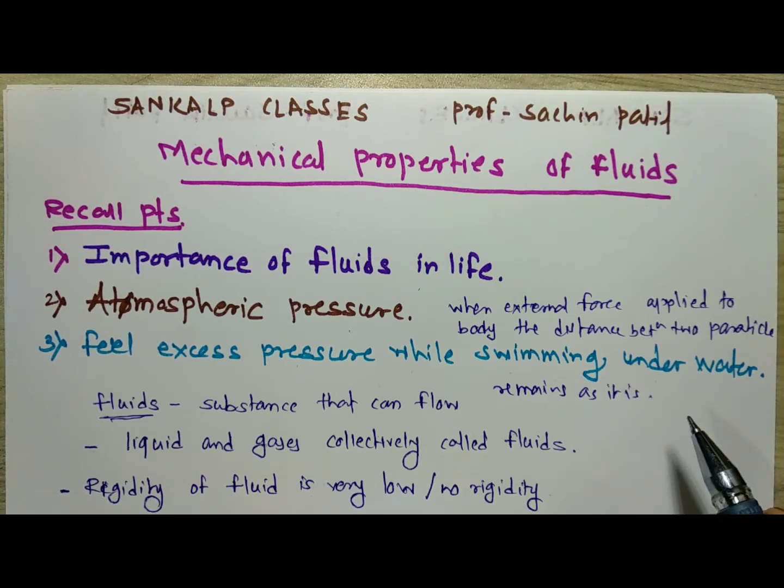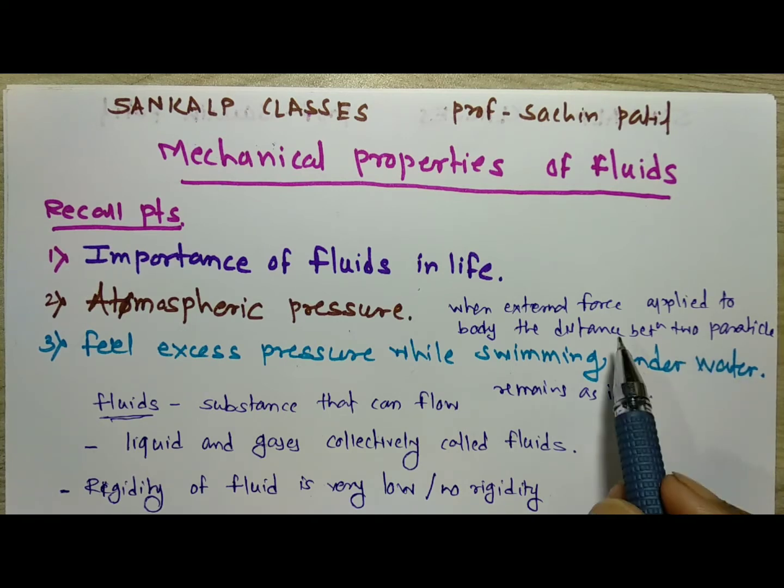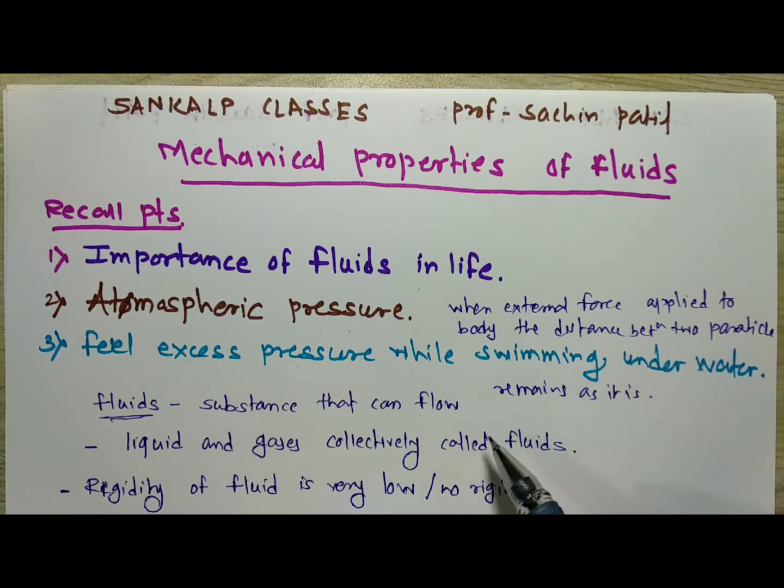What does it mean? That means when we apply force on a body, the distance between two particles of the body does not change. Then the substance is called a rigid one, and here the rigidity of fluid is very low, or it is non-rigid. What does it mean?